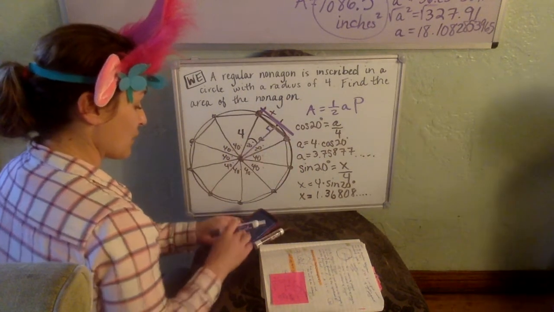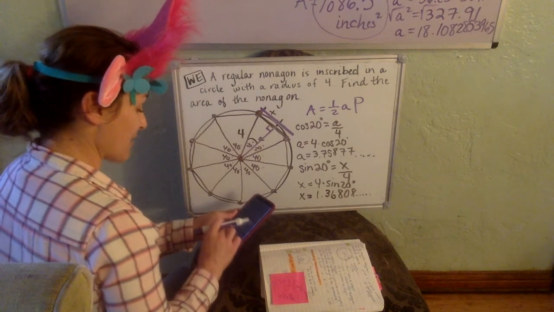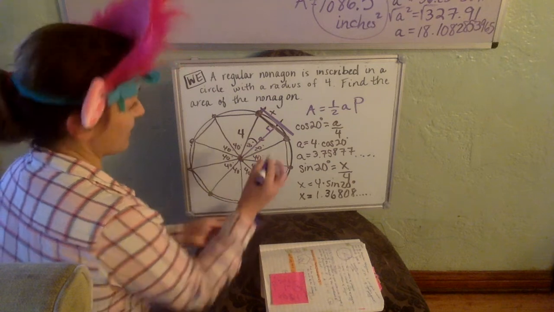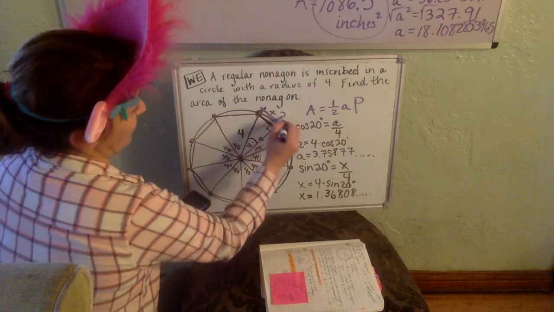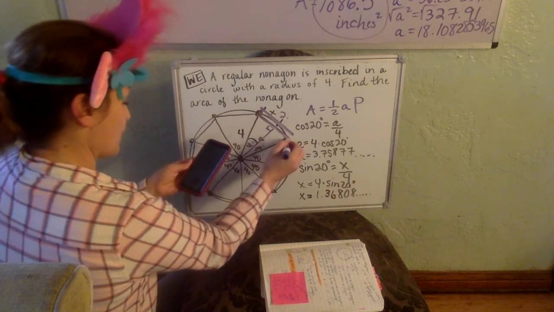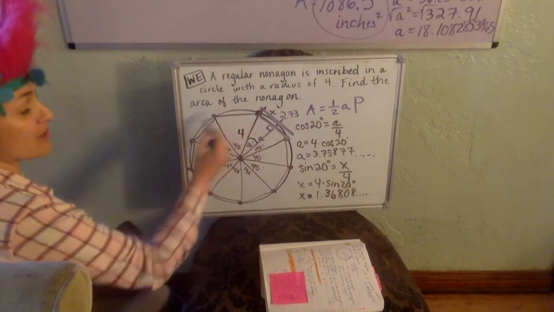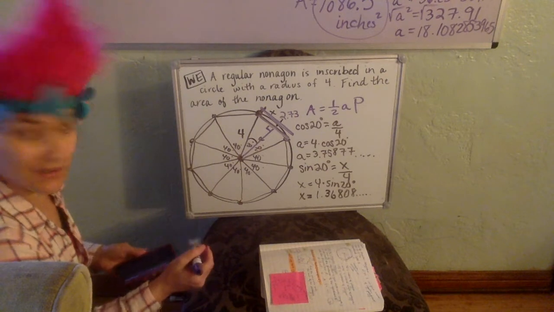So if we next just take that and times it by 2, that means the length of just this side is 2.73 roughly. Now remember there were 9 sides.